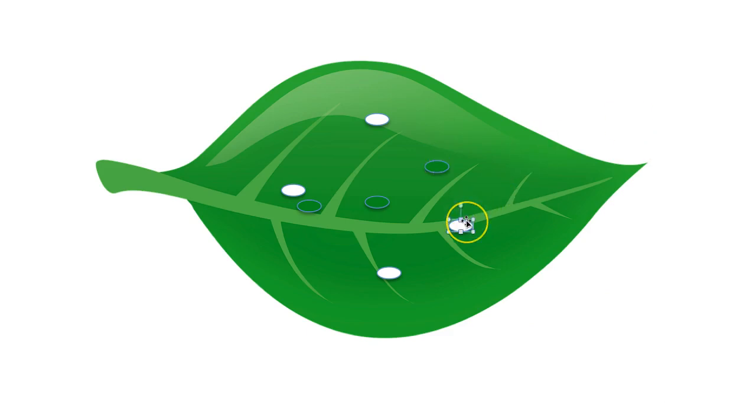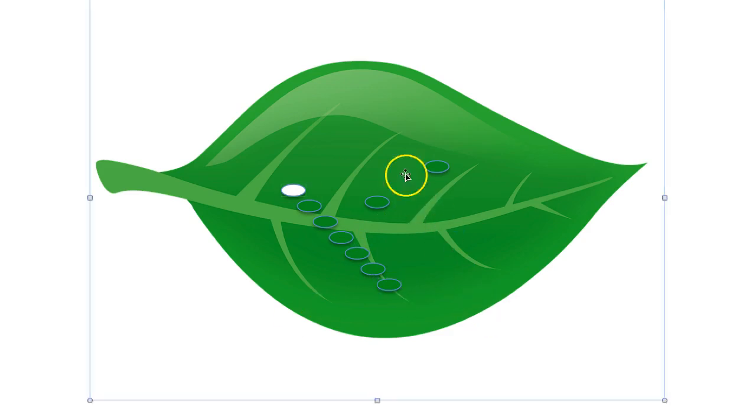Now again, bird flies by, still eats more of those white bugs because those are the visible ones, and you're left again with more green bugs that are being born. Ultimately, over time, that entire population of white bug eventually turns into this population of green bug.